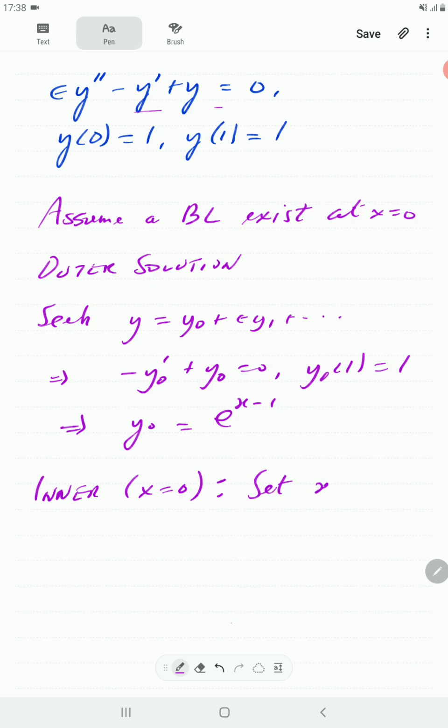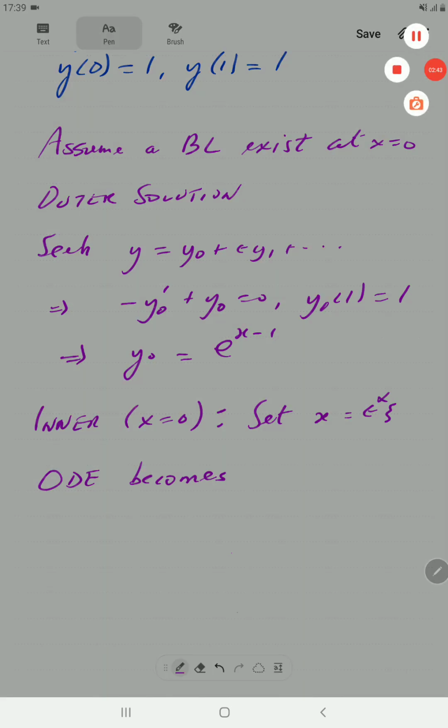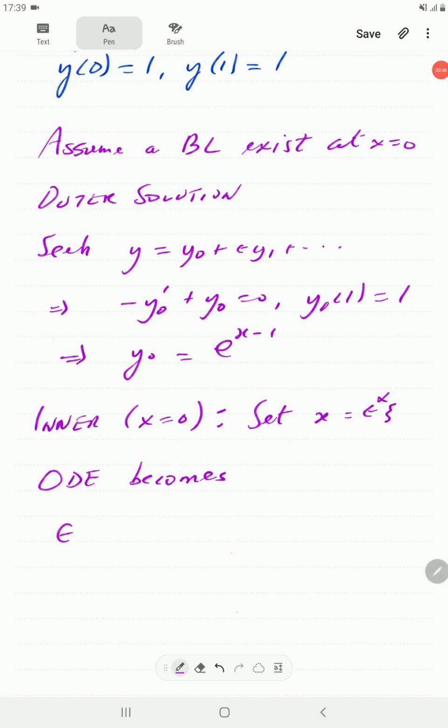So if we introduce a scaled variable as before, x equals epsilon to the power alpha xi, and substitute, the ODE becomes epsilon to the power 1 minus 2 alpha y double prime minus epsilon to the power minus alpha y prime plus y equal to 0.